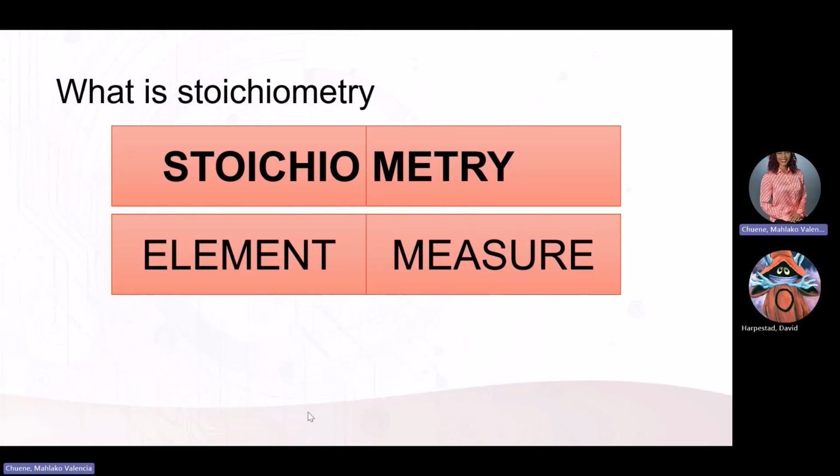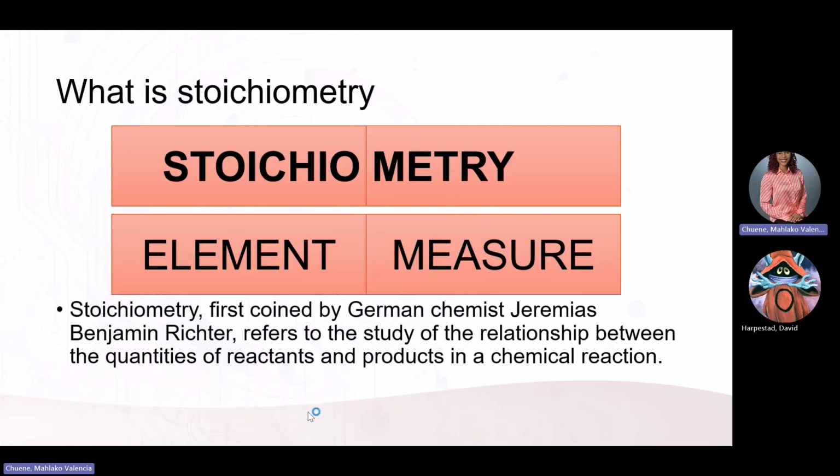This term was first coined by the German chemist Benjamin Richter, who referred to it as the study of the relationship between quantities of reactants and products in a chemical reaction. So you see that term quantity, that is where that measure comes from, and it is based on the law of conservation of mass.